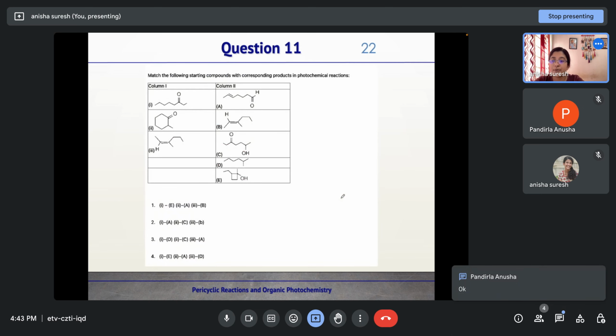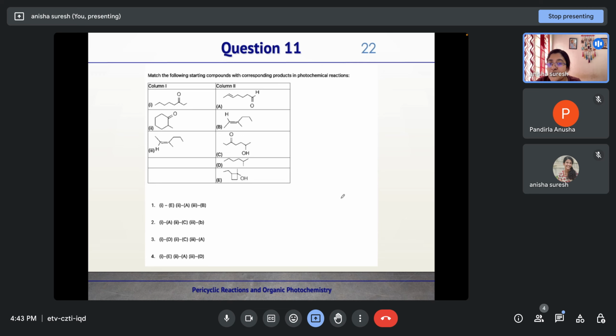Now coming to question number 11. Match the following starting compounds with the corresponding products in the photochemical reactions. In column 1, some starting materials have been given, and in column 2, some possible products have been given.